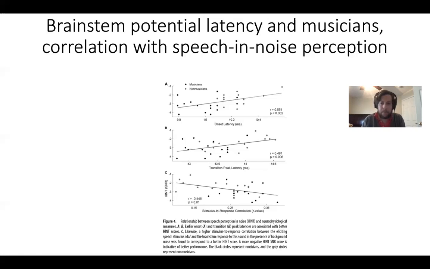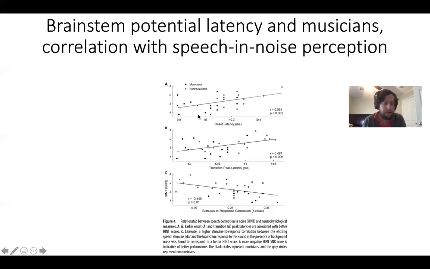Once again, if the signal to noise ratio is big, that means you are not good at hearing the speech sounds when they're embedded in noise. If the signal to noise ratio is small, that means you are doing well at hearing the speech embedded in noise. They find that these latencies are correlated with speech and noise performance.